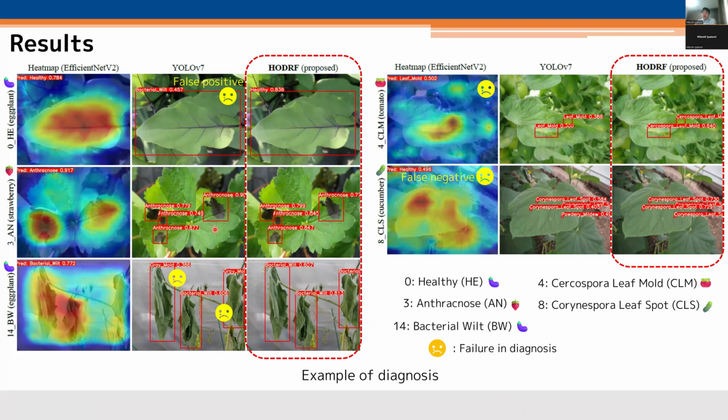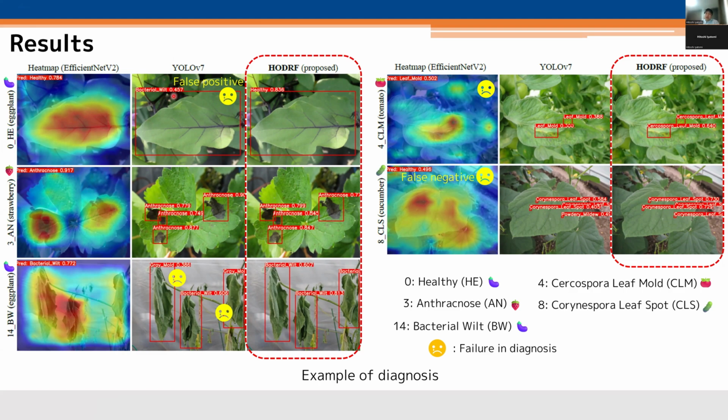Here is an example of detection results. Here is the result of the EfficientNetV2 CNN, and this is the object detection model, YOLOv7, and this one is the proposed method. As we can see, here is a healthy eggplant leaf, but we can see YOLOv7 misidentified it as bacterial wilt.